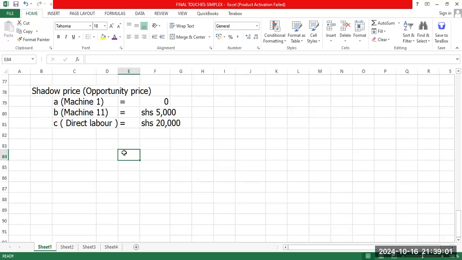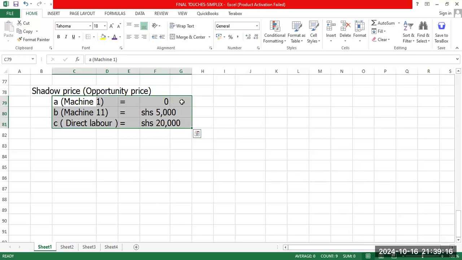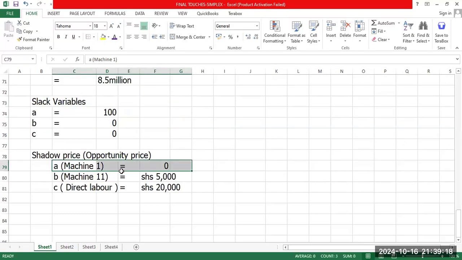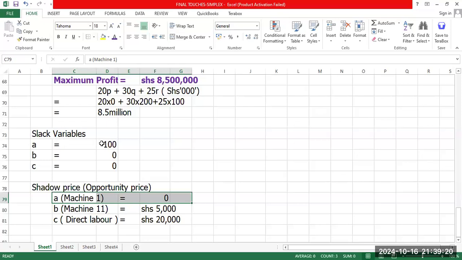So it is observed that if you have unutilized resources, then there is no need of adding any other unit. That is the meaning. Because when you observe here, A had some surplus, some hours that were unutilized.